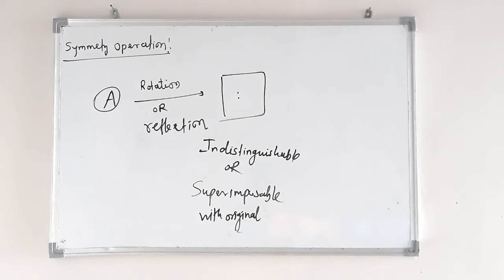That operation includes rotation and reflection. After doing rotation or reflection, an arrangement is obtained which is indistinguishable from the original one or superimposable with the original molecule. Then the operation is said to be symmetry operation.